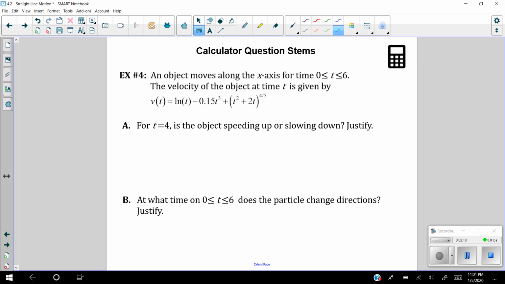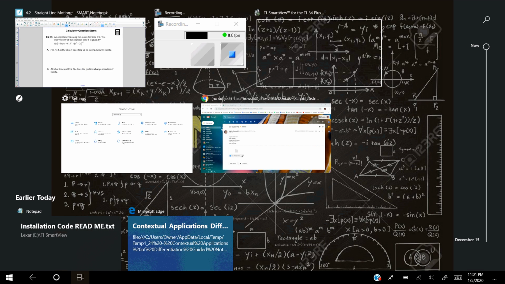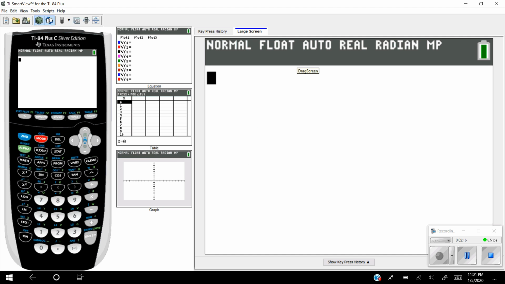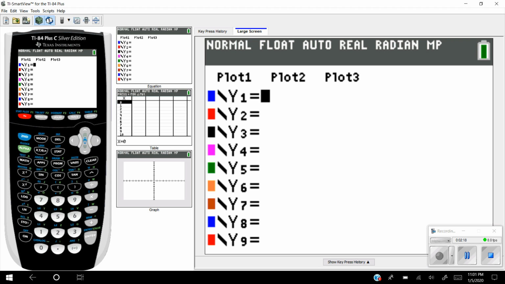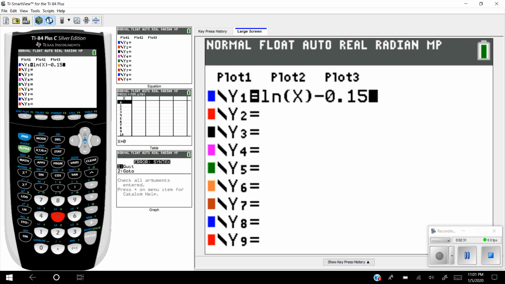So the first thing I'm going to do is get this function typed into the y1 on my graphing calculator. So I'm going to go in here, and it was natural log of x, close my parenthesis, minus 0.15 x to the third, I think, yeah.